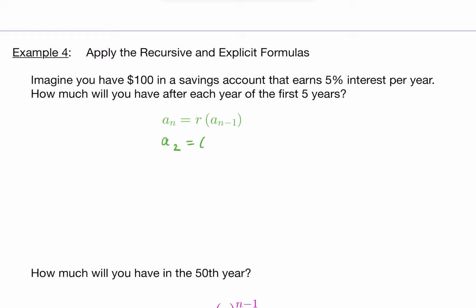In this case, it's going to be 1.05 because we're looking at 5% earnings on top of the initial amount of $100. So we have to multiply that by 1.05, not 0.05. And this is going to be multiplied by the initial investment of $100. Okay, and this works out to $105.